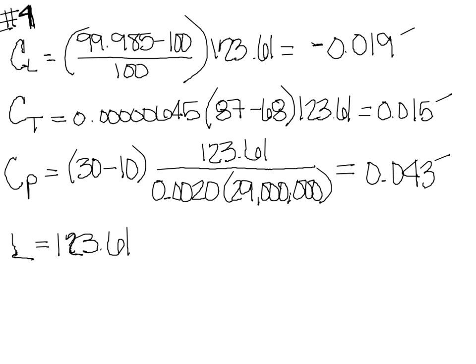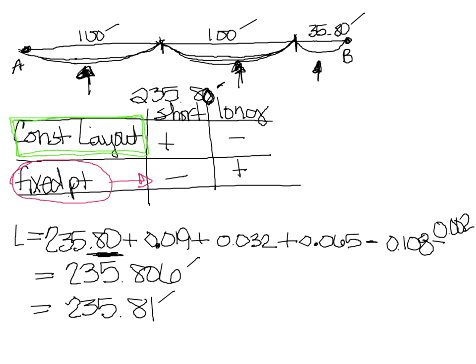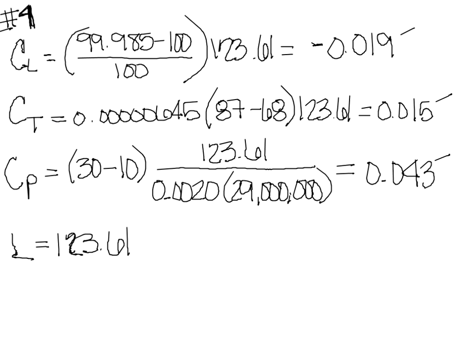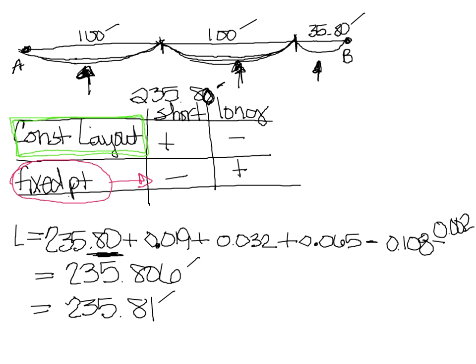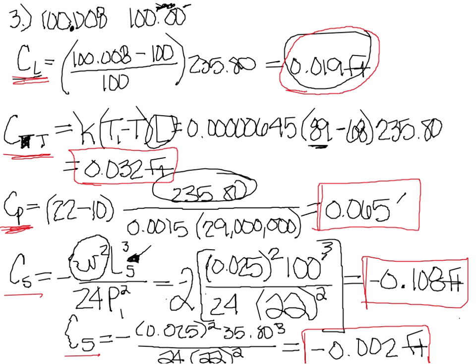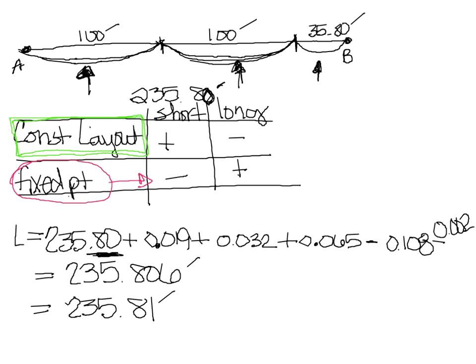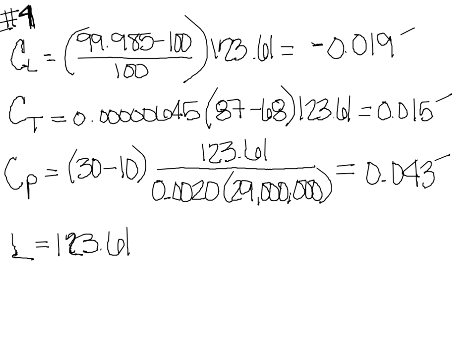So for length, and looking only at length of the tape, is it a short tape or a long tape? Short. Excellent. So, according to our table, if we have a short tape and it's a construction layout, we add the correction.